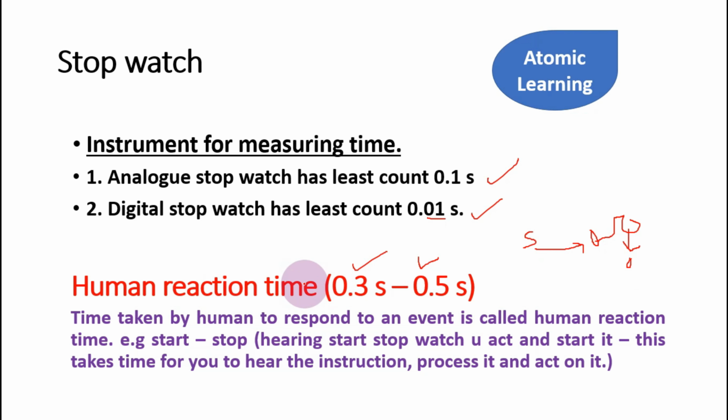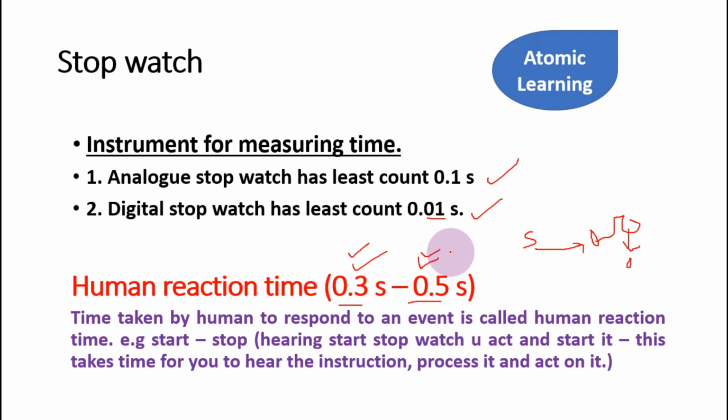So definitely it takes time, and this time is known as human reaction time. When I say start and you press the button, you respond to my instruction within a certain time, and that time is the human reaction time. Its range is from 0.3 seconds to 0.5 seconds. This is for those people who are sharp, active and adult, and with the passage of age, the human reaction time decreases.